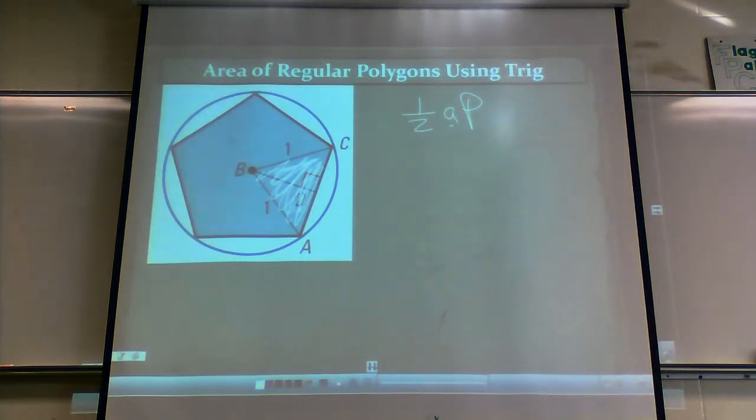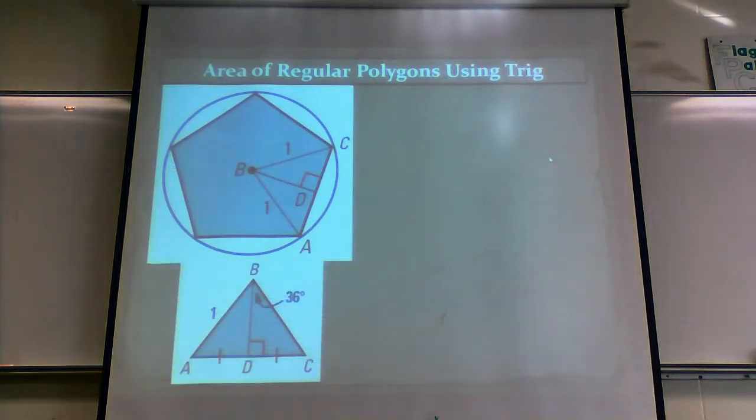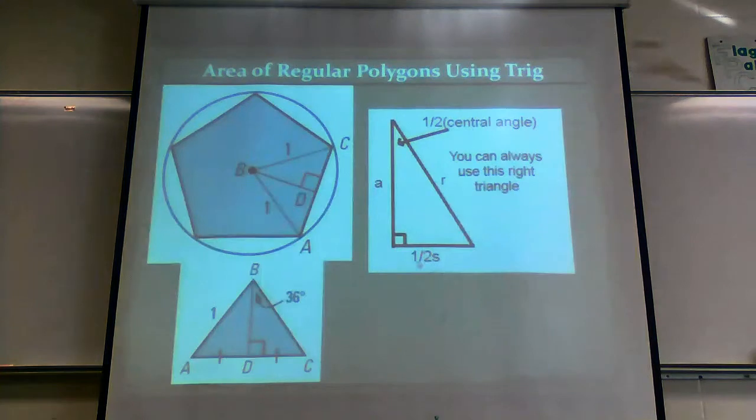There's 5 triangles. So as you go through breaking it down, your focus will change from the entire polygon to the triangle with 2 radii in it. And then your focus will essentially come down to 1 right triangle.